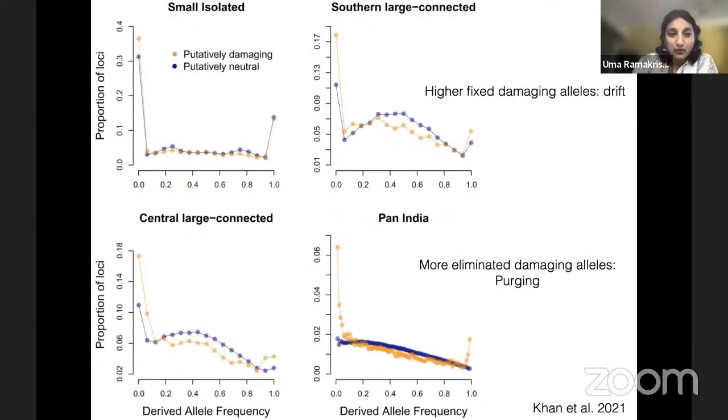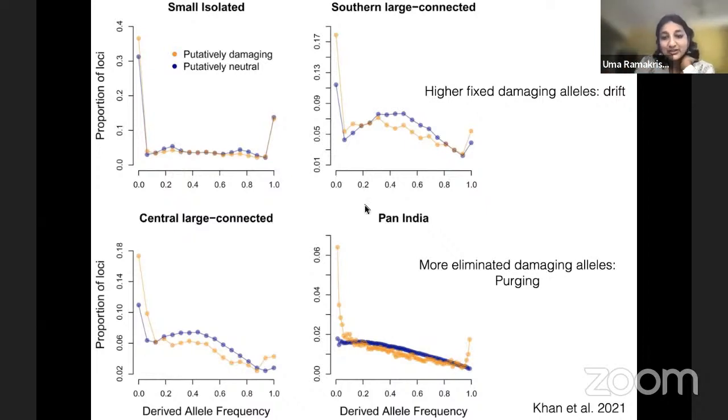These are what's called site frequency spectra, the proportion of loci at very low frequency, 0.1 to 0.2, 0.2 to 0.3, and so on. So the frequency distribution of loci. What you see here is that in the small and isolated population, you seem to have a jump. Neutral is blue and potentially damaging is orange. So wherever you see a difference between orange and blue, it seems like something may be going on.